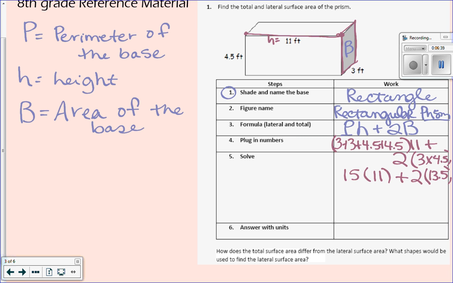And then 15 times 11 is 165. The area of the base, 3 times 4.5. And then 2 times 13.5 is 27. Good. And what is our answer with units? You got it. 192 feet squared.